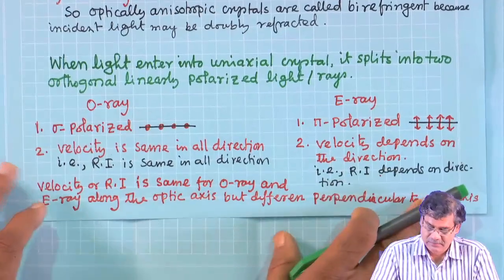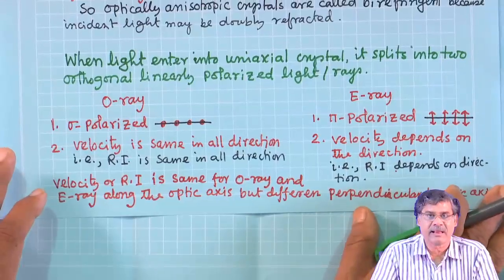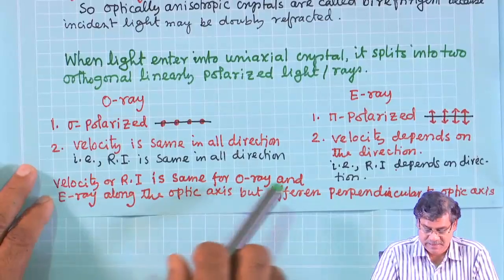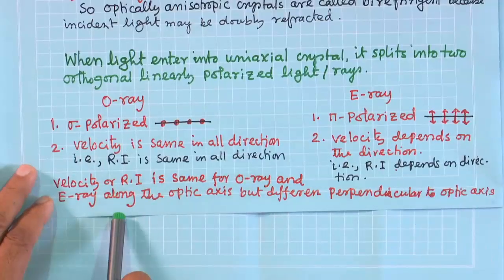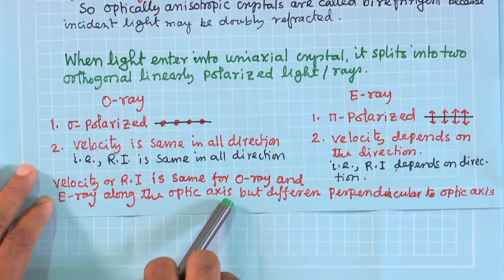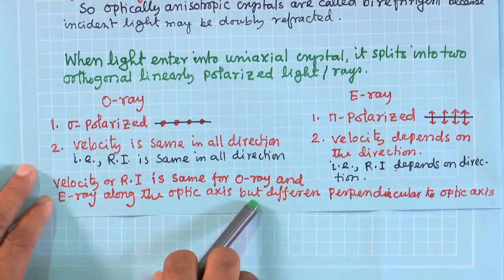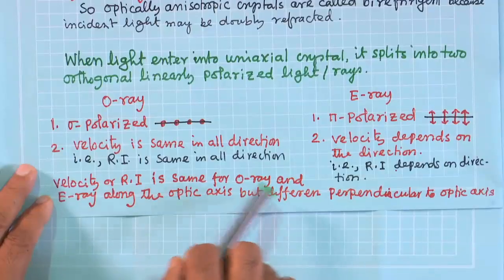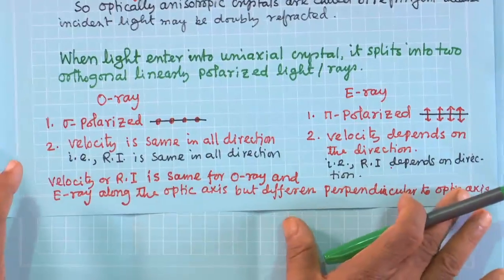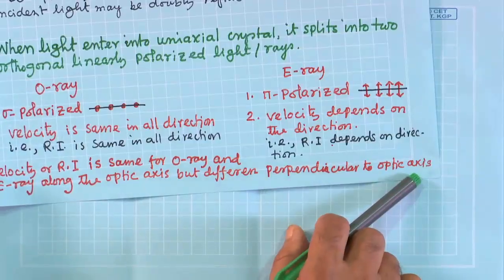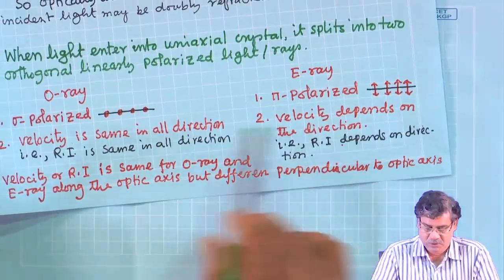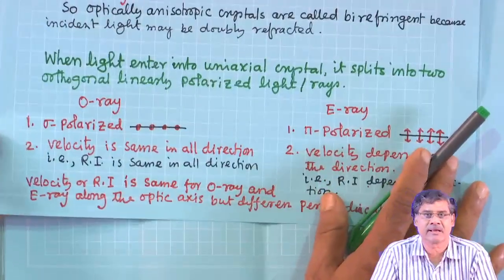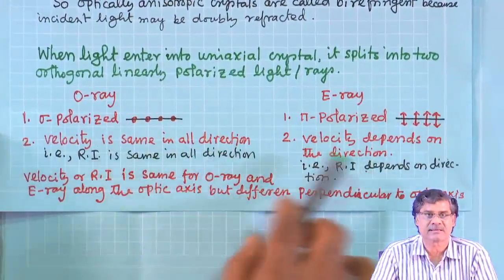Okay. Now, for the E ray and O ray, velocity or refractive index are the same along the optics axis, but velocity or refractive index are different for the O ray and E ray perpendicular to the optics axis. Okay. So, we can differentiate the O ray and E ray following these characteristics.